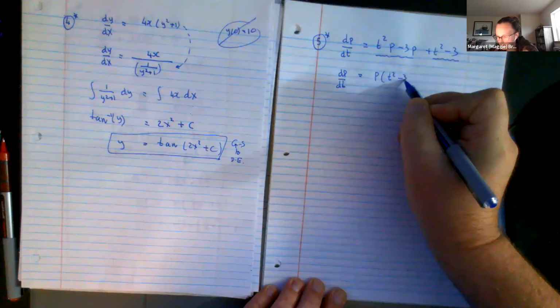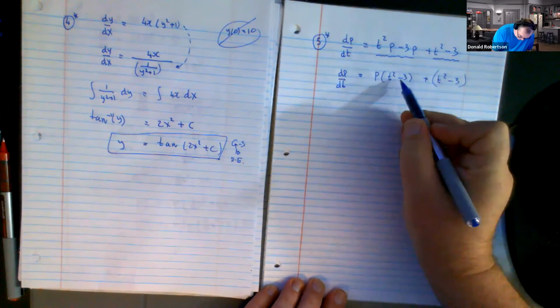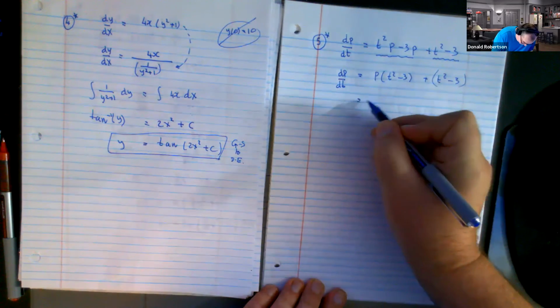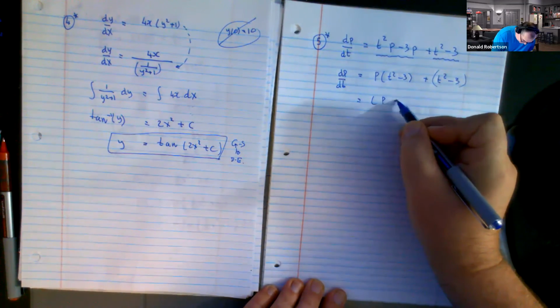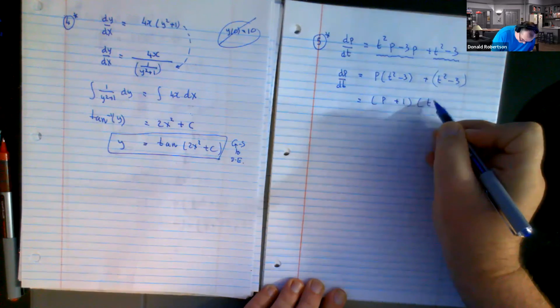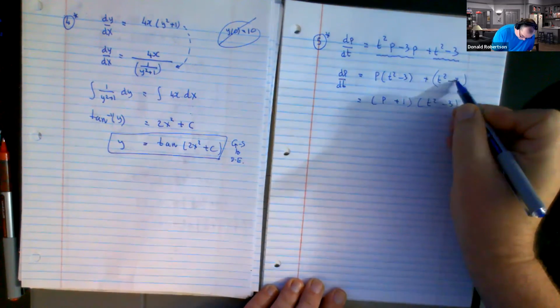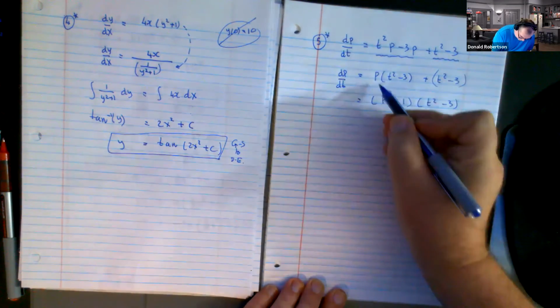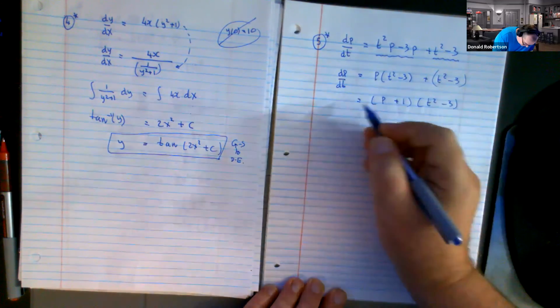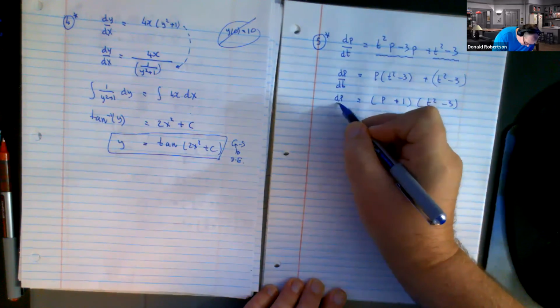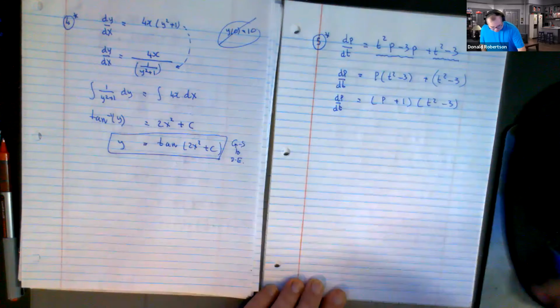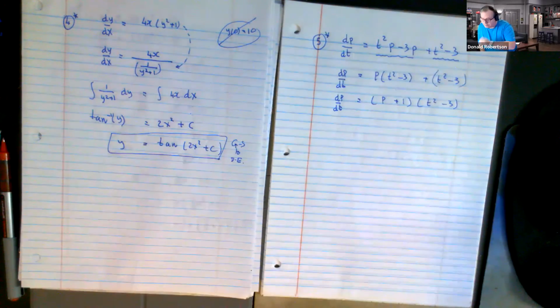If I put a little bracket around this guy, do you recognize that this guy and this guy are essentially common factors of this guy? So you got a p plus one of these. Have you seen that this expression actually factored?